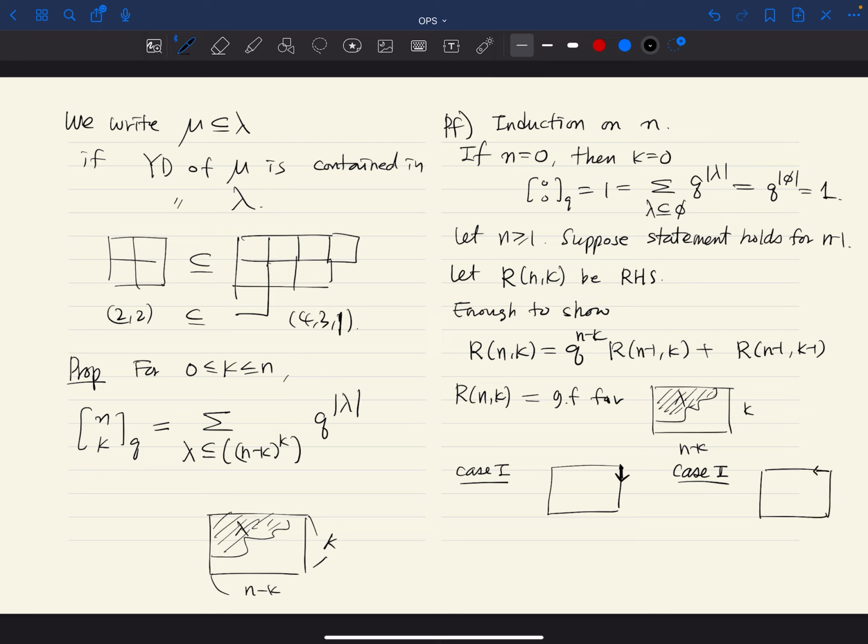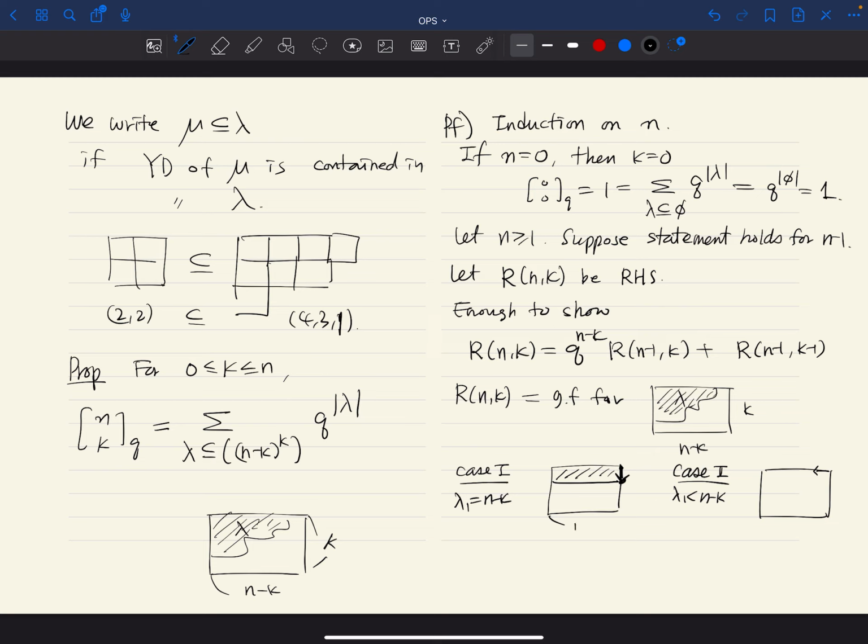Took this step first. So this means lambda 1 is n minus k. The Young diagram contains the full row. The first row contains the full row. So case 2 means that lambda 1 is less than n minus k, basically. But in this case, this lambda 1 is decided.